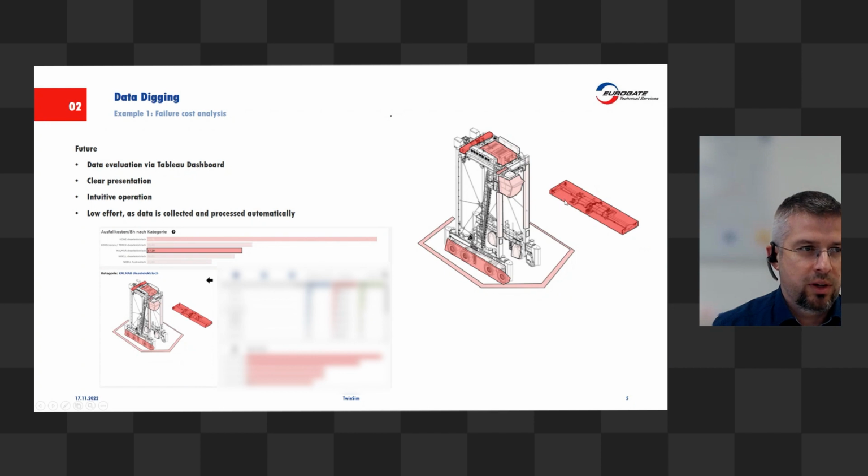And now you can click on it and browse deeper into the subcomponents of this spreader, and you will get the costs for each component shown in this graphic UI. So that was much easier to use, and you always have the data in one place.